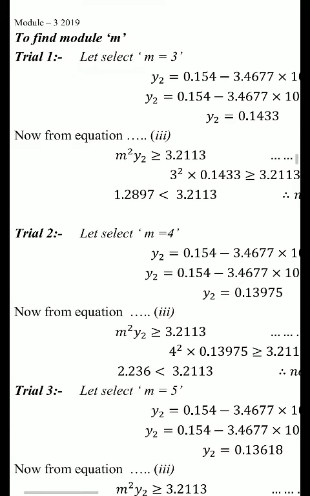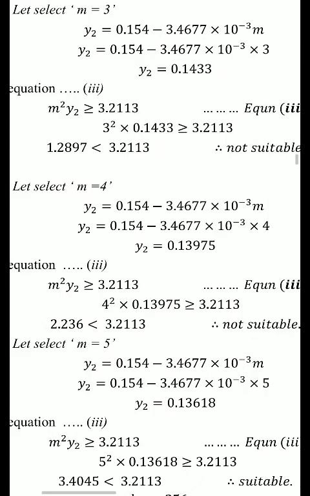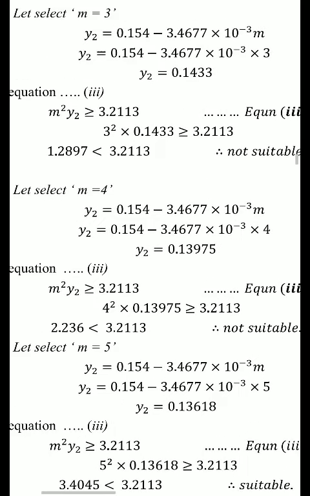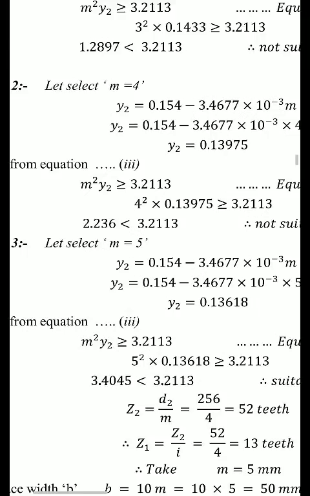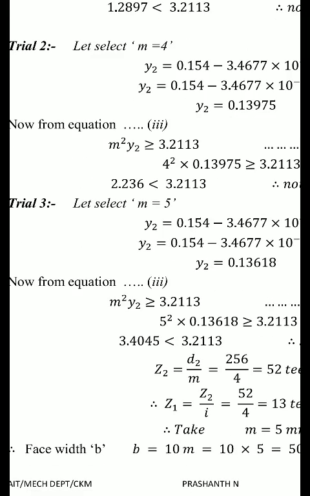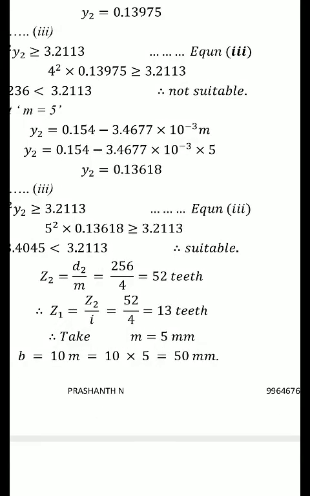Now from m square Y2, same as what we did in the previous problem, the same equation is not suitable. You see here 1.29 is less than 3.213, it is not suitable. m equal to 4, the same, not suitable.